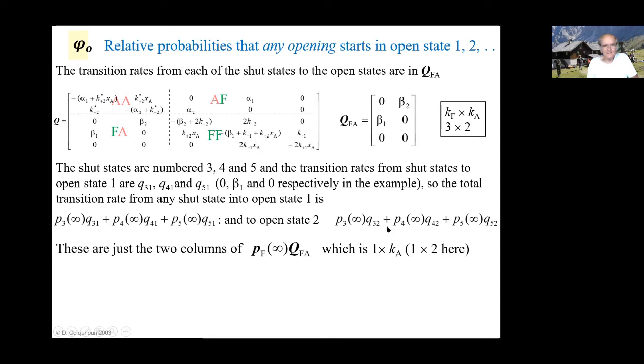But these two lengthy looking things are just the two columns of the equilibrium fraction in each of the shut states times QFA. That's, of course, a 1 by 2 vector. This is a 1 by KF row vector. This is a KF by KA matrix. So the result is 1 by KA.